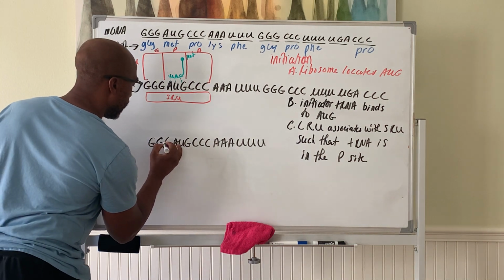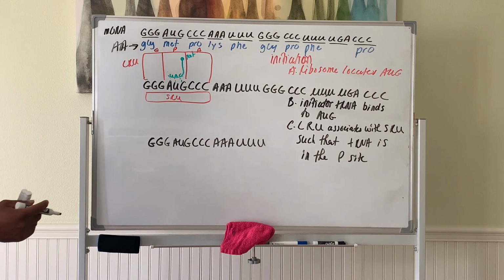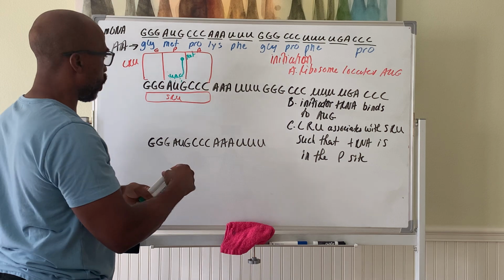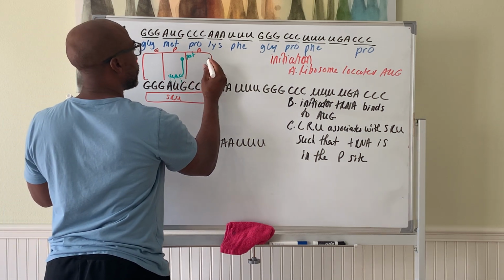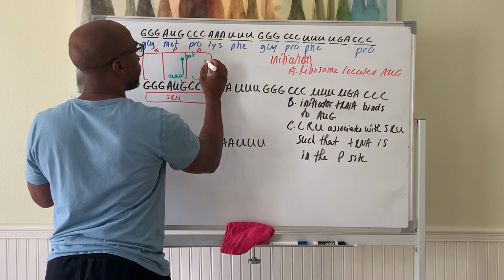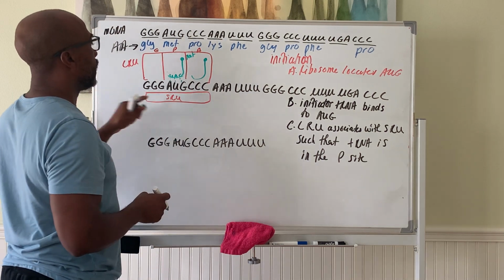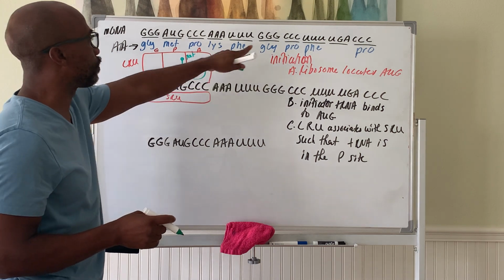Then we'll go to the next step, which is elongation. For elongation, a second tRNA will pop into the A site. Of course, it will be attached to the appropriate amino acid for CCC, which in this case is proline.